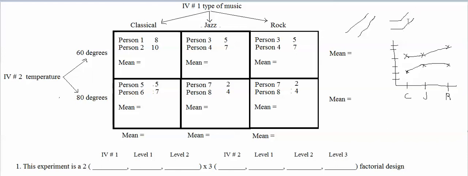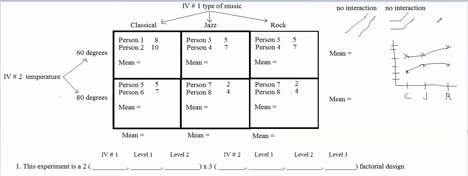So the effect of the music is exactly the same at the two temperatures. So no interaction here. This would also be no interaction, because the effect isn't changing across the temperatures.